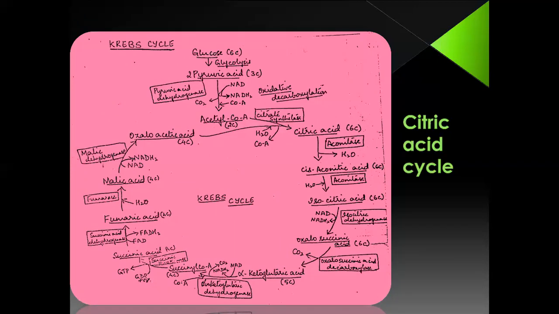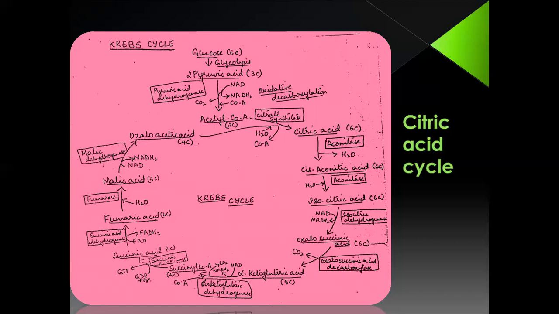So obviously 8 into 3, whenever these 8 NADH2 molecules undergo oxidation, they release 24 ATP molecules. Then we have FADH2 molecules. There are 2 FADH2 molecules involved within this Krebs cycle, and one FADH2 molecule can liberate 2 ATP molecules when they undergo oxidation.